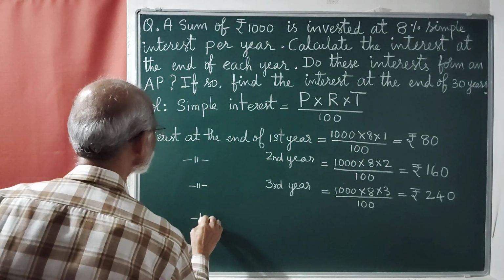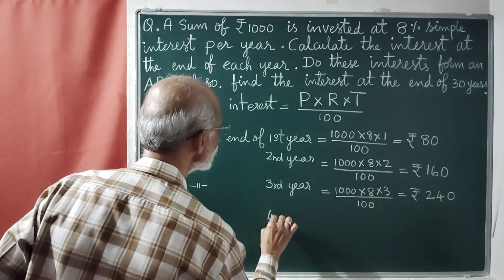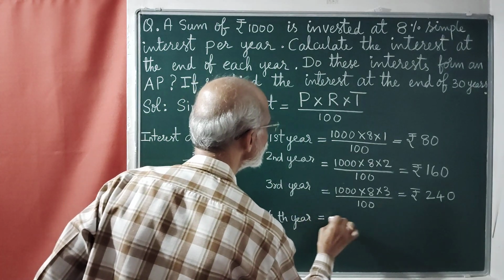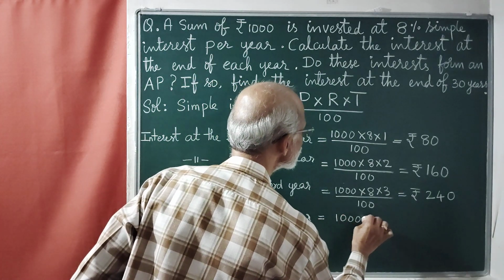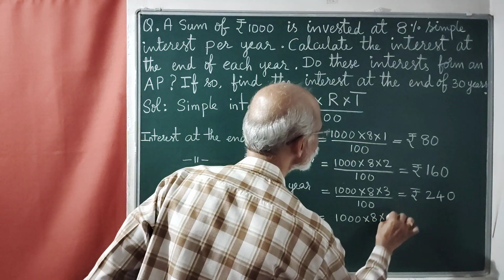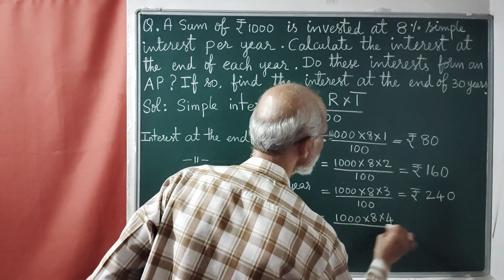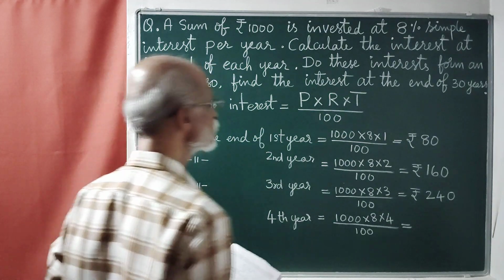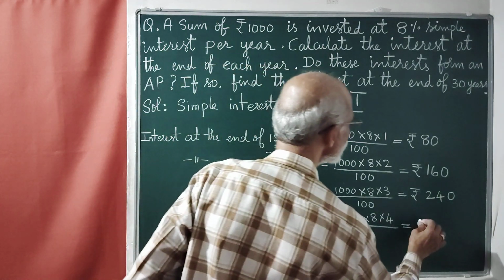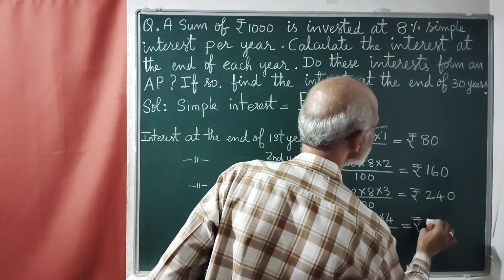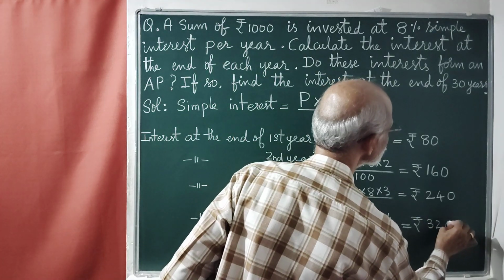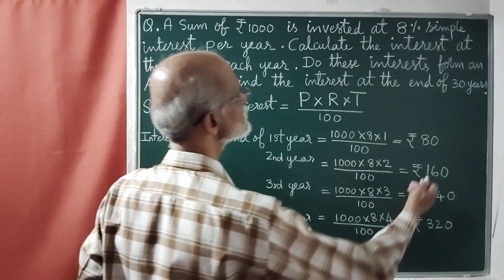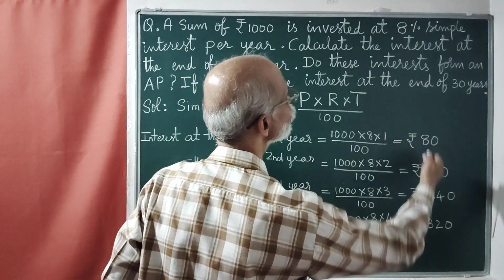The interest at the end of fourth year, 1000 into 8 into 4 by 100, it's equal to rupees 320. So we have calculated the interest at the end of each year until 4 years.